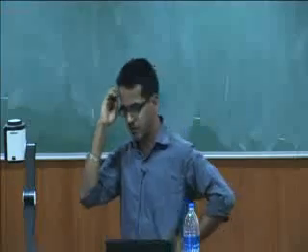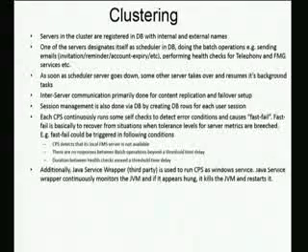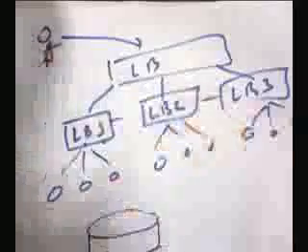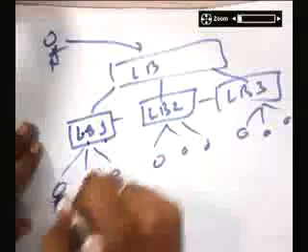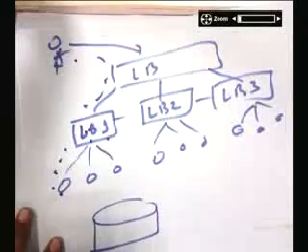So clustering, we already decided. Now I would like to stress again: when I'm doing client server architecture, I need to have a database. So this is my database. If this is my structure, when a user hits this load balancer and this server, it has to connect to the database. So how does it work?